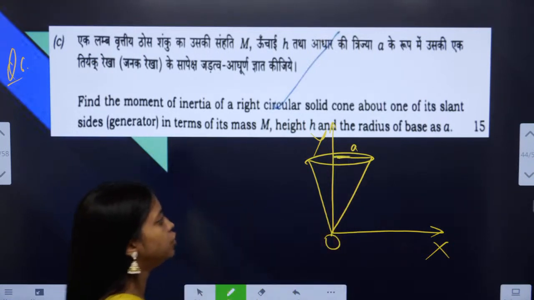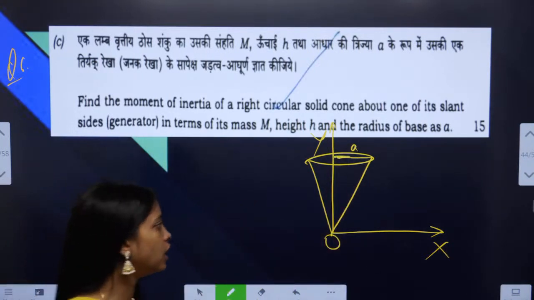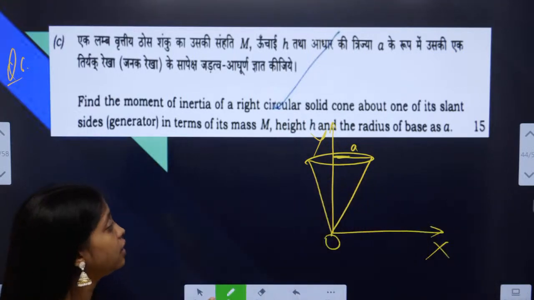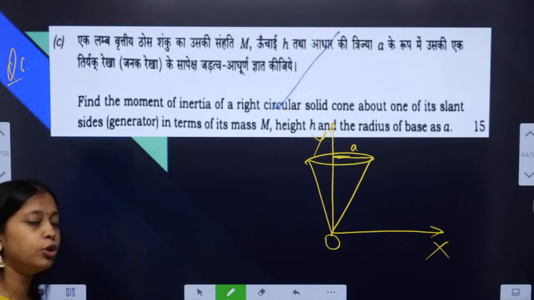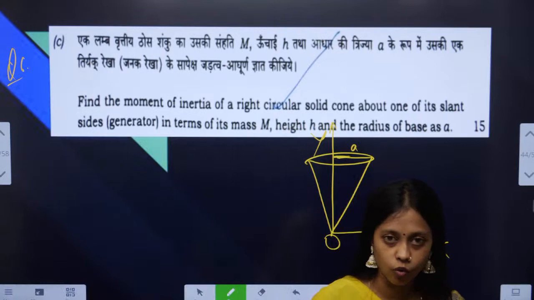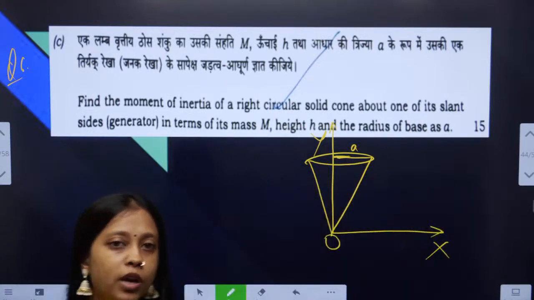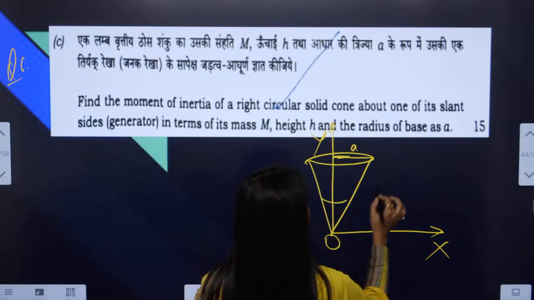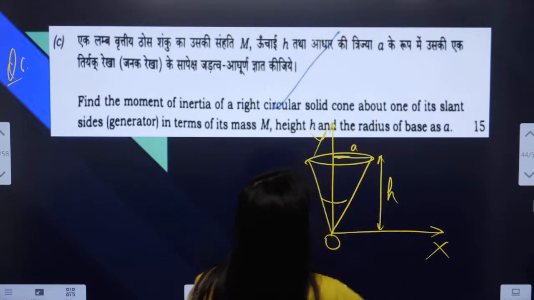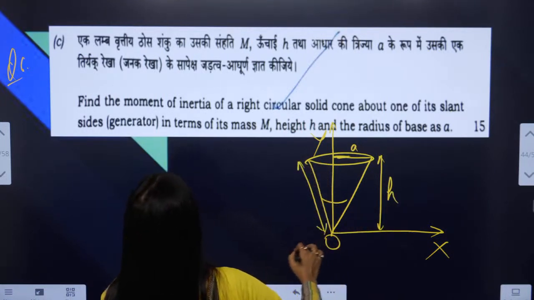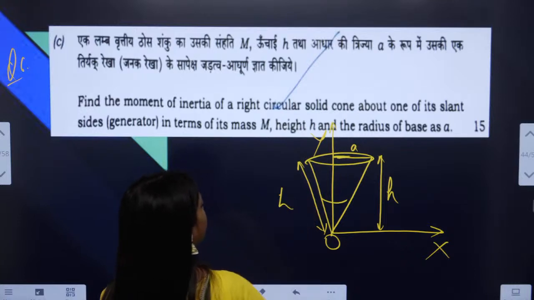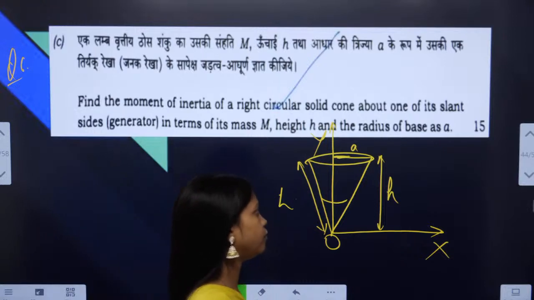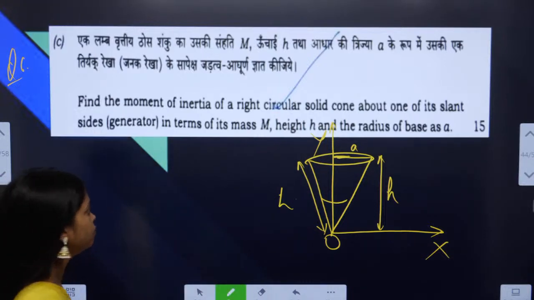All you need to do is find the moment of inertia along OX, because at the end you will get the result by adding the moment of inertia along OX, the moment of inertia along OY, and the moment of inertia along both OX and OY, and then add those things and you will get your answer. Height is h, that is given in the question, and slant side, let it be L. Just apply the formula, you will get your result. If you have done these kinds of questions, this was nothing.